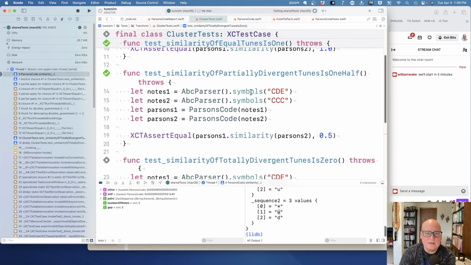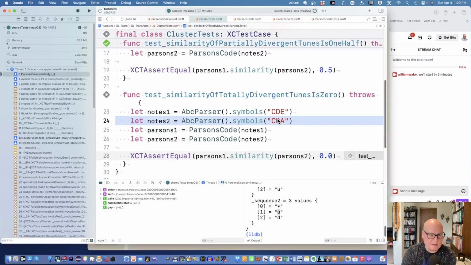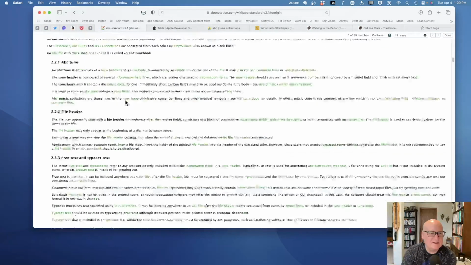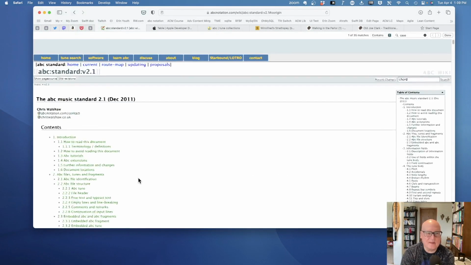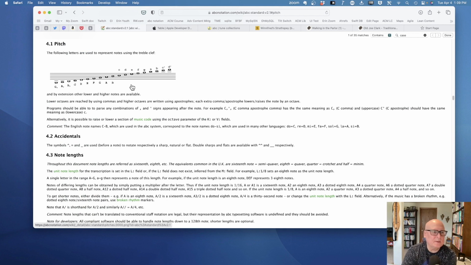This is the ABC parser. We'll have to look. Let's find that standard. And get notes. Note. No pitch. Okay.